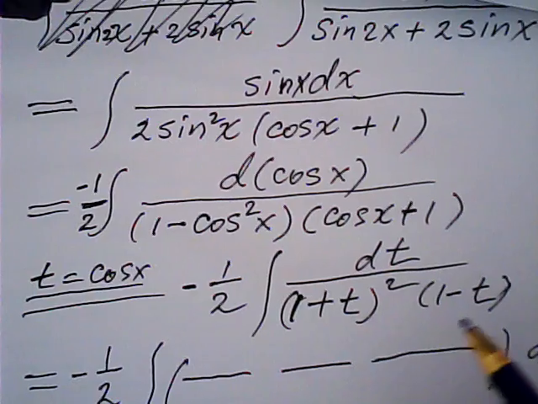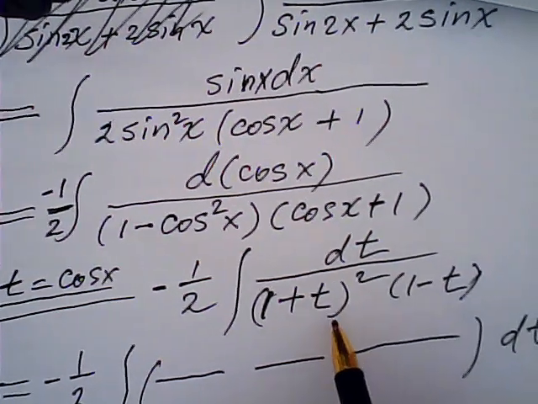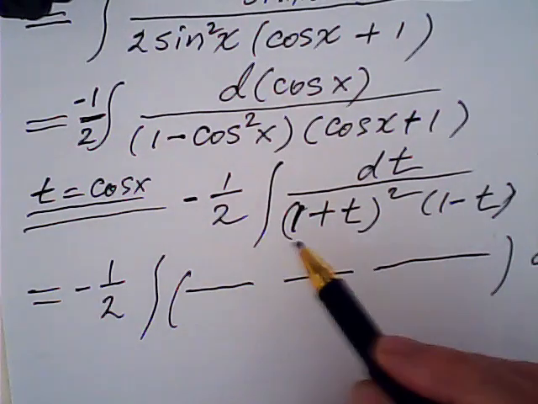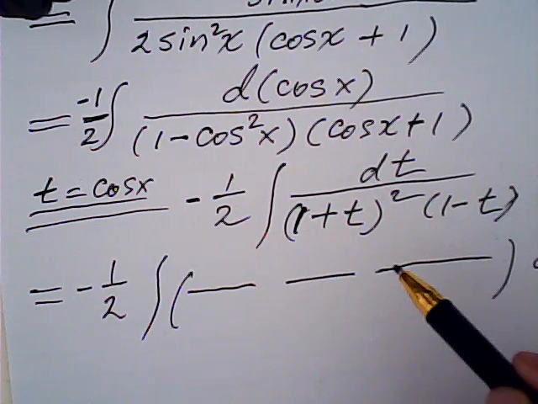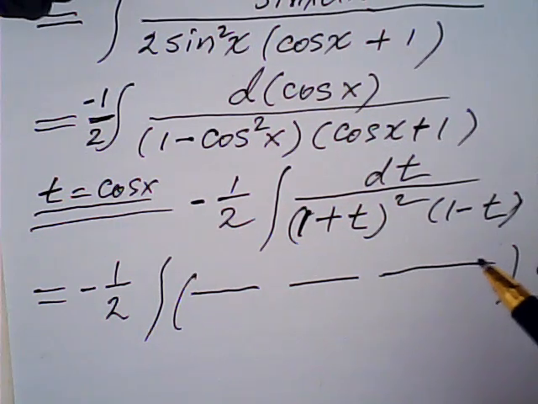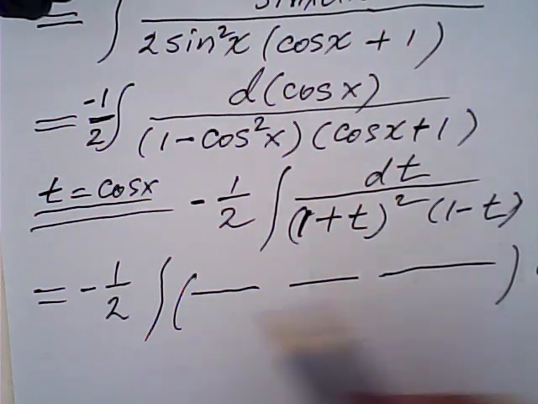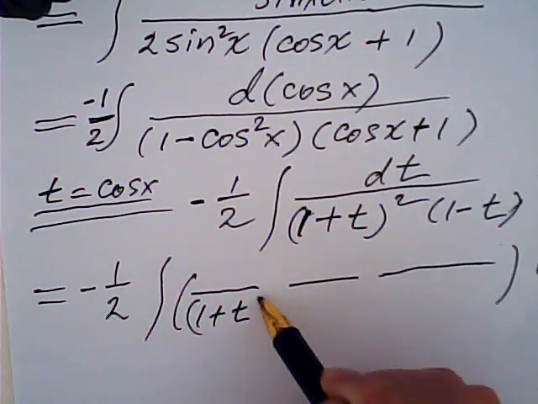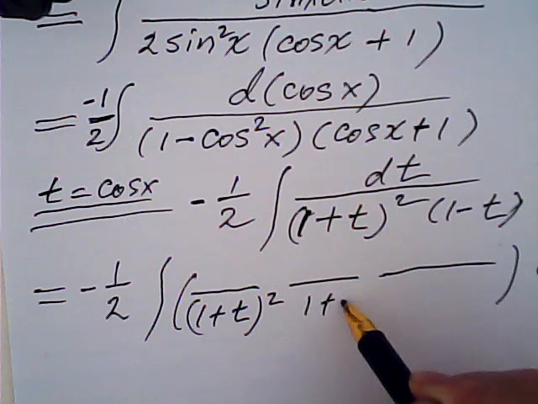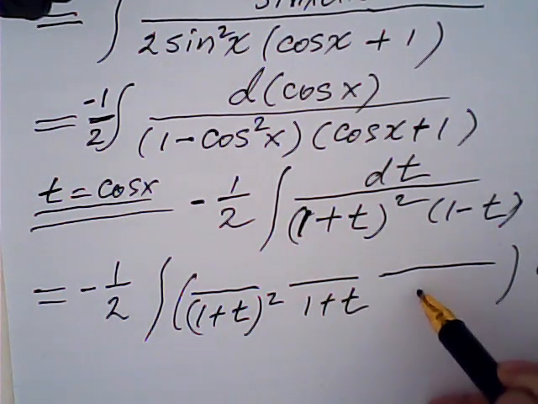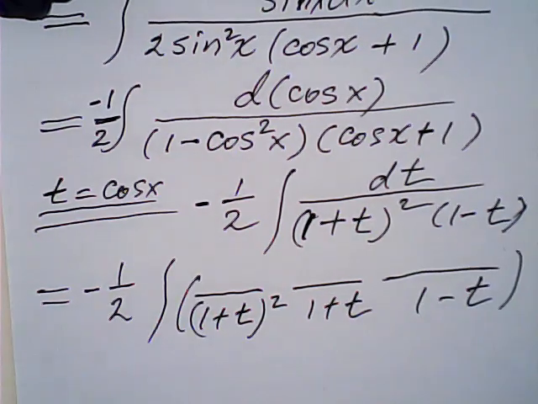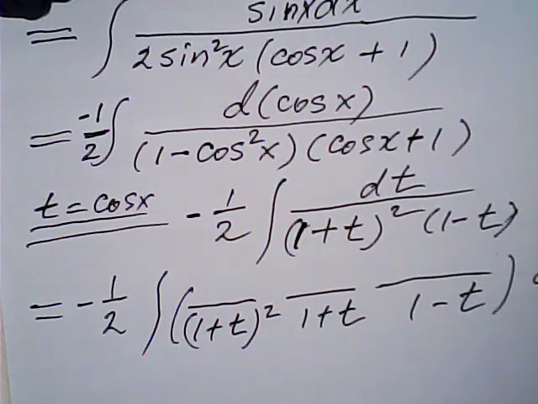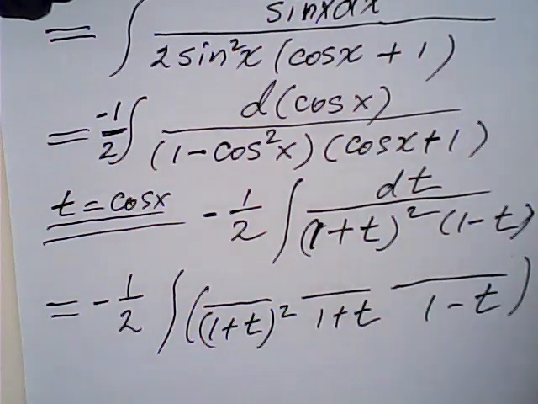And this is a repeated linear. So it becomes like 1 plus t squared, 1 plus t, and 1 minus t. Right? 3 fractions, and then we determine the coefficients.